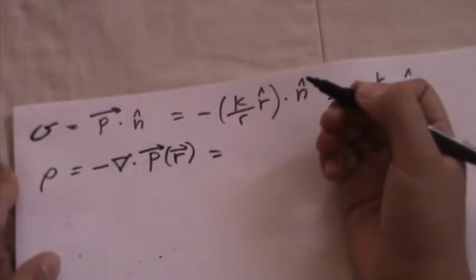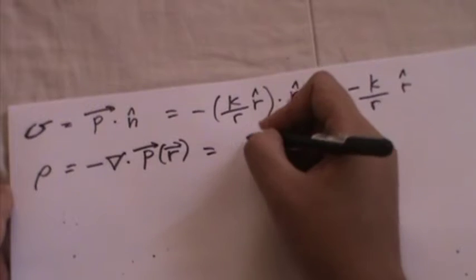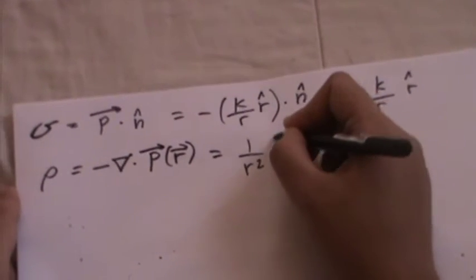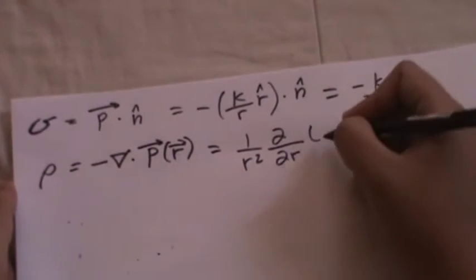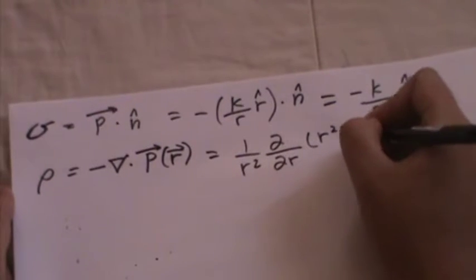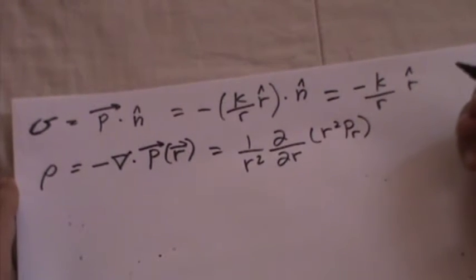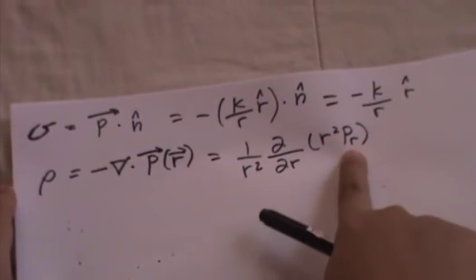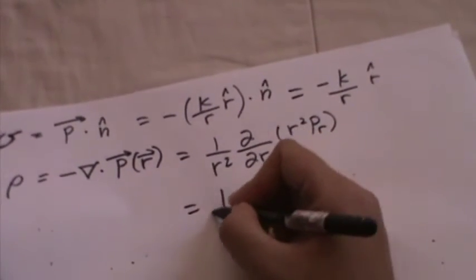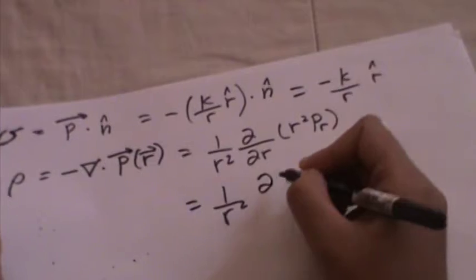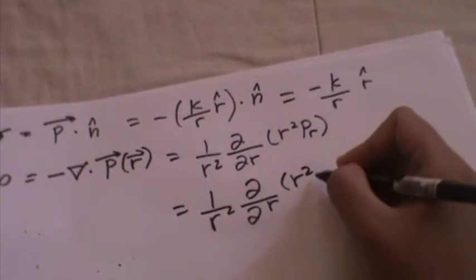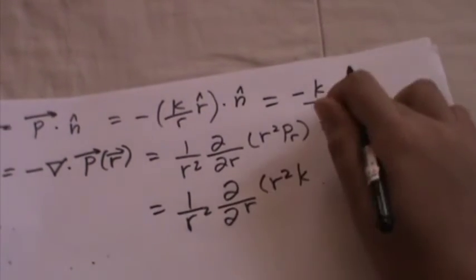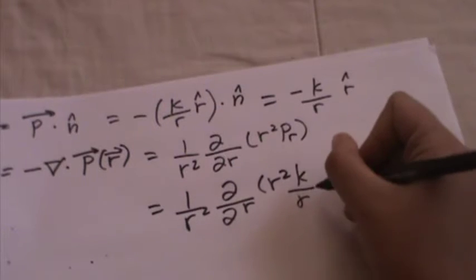So we'll have the del operator, which is 1 over r squared, partial derivative with respect to r, multiplied by r squared P r. Let's substitute the value of P here: 1 over r squared, partial derivative with respect to r of r squared times k over r.